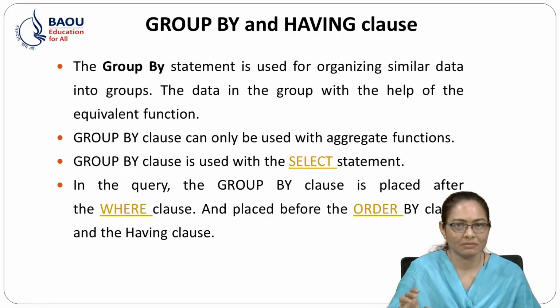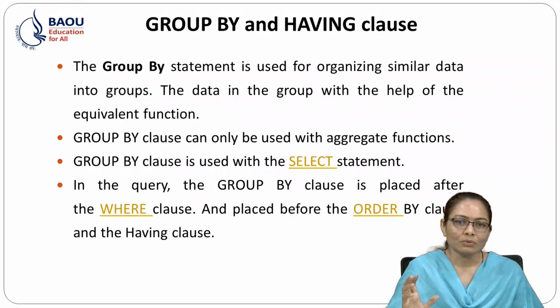The group by clause can only be used with aggregate functions, like count, max, min, sum, average. These are all aggregate functions, which are used to group the result set by one or more columns.